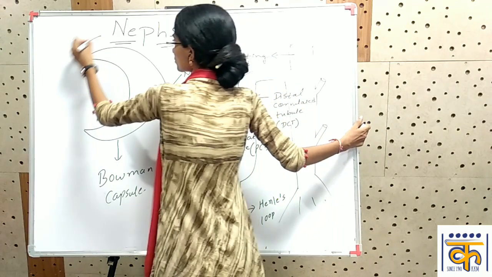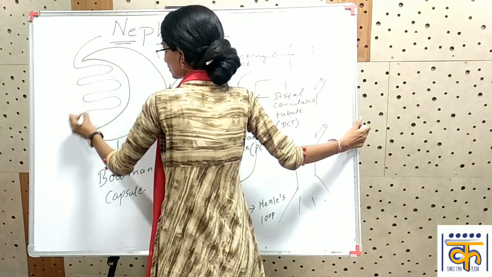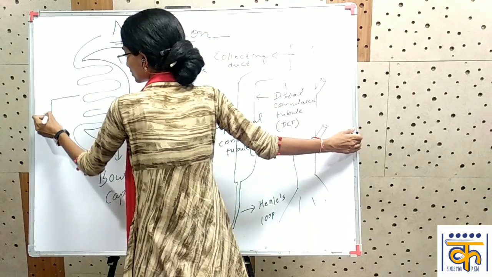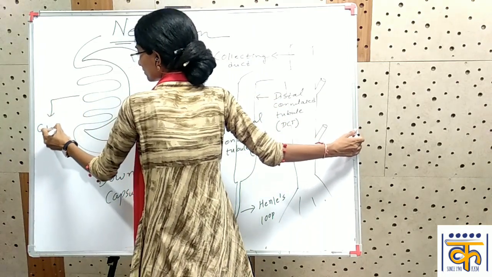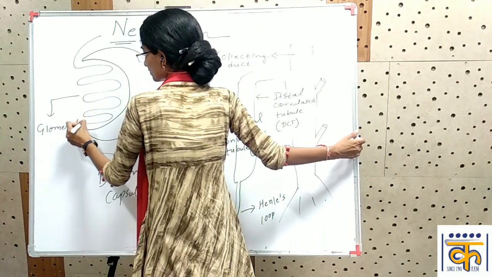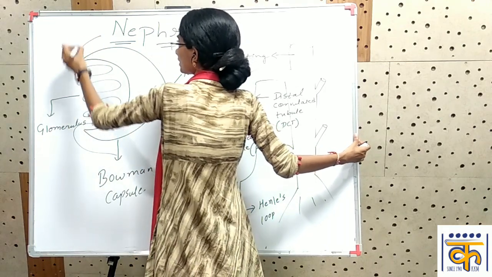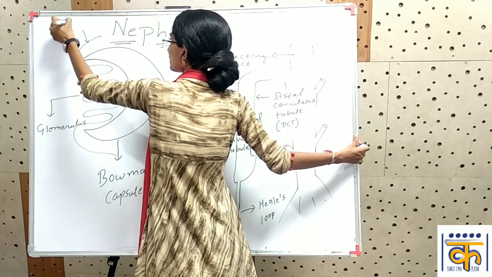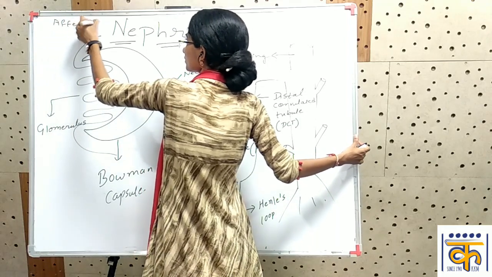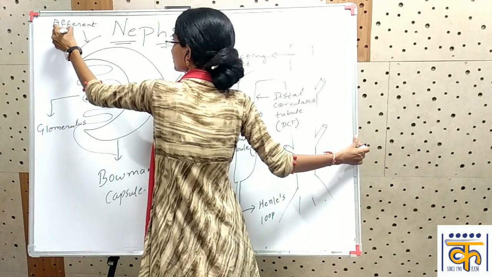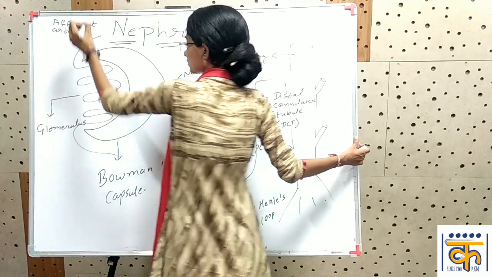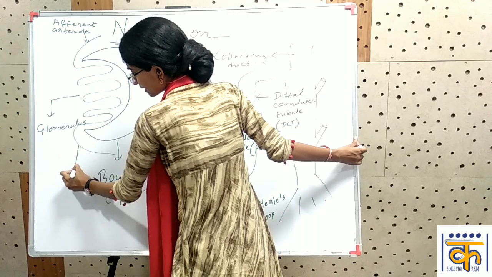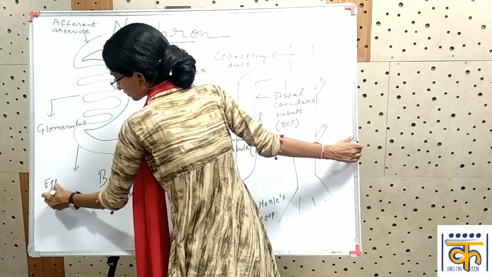In Bowman's capsule, we have capillaries arranged, which is known as glomerulus. The capillaries entering are given the name afferent arteriole, whereas the ones which are exiting are given the name efferent arteriole.